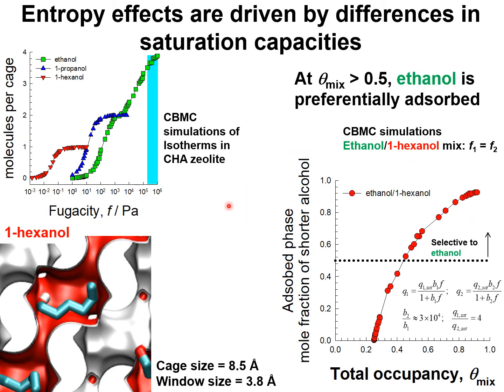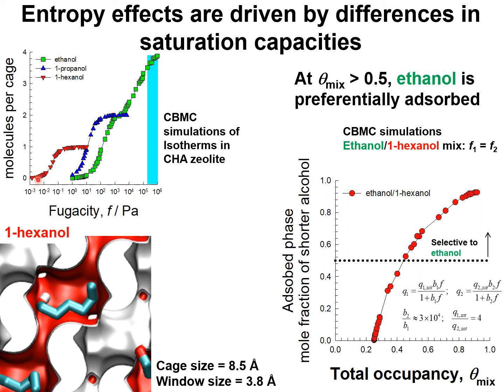Let us strengthen the conclusions that have been drawn so far by considering the adsorption of mixtures of ethanol and 1-hexanol. The unary isotherms for 1-hexanol are shown here. The maximum loading per cage is 1. And here's a computational snapshot that shows that a maximum of 1-hexanol can be occupied within a cage.